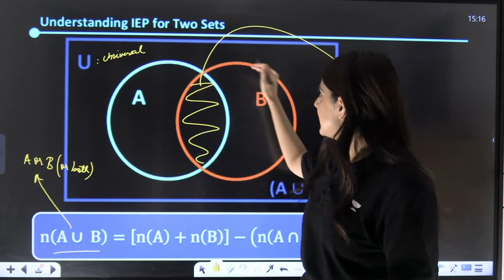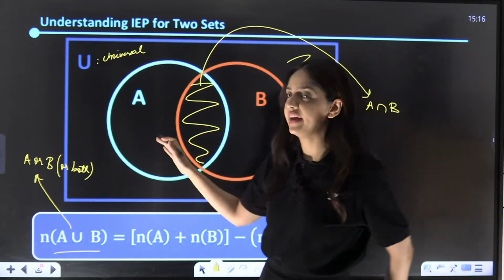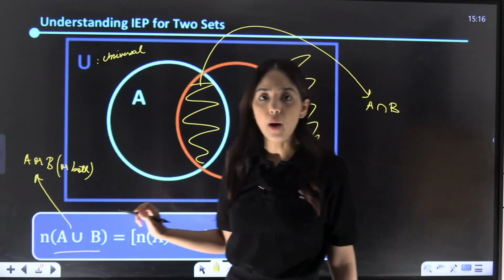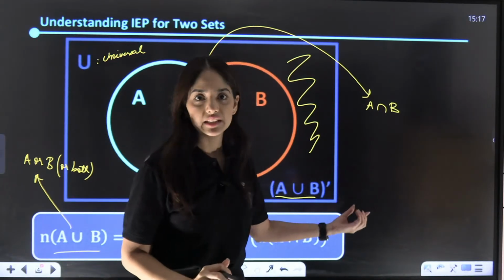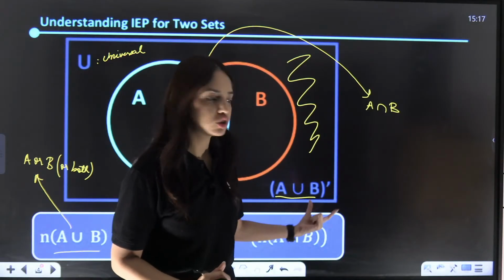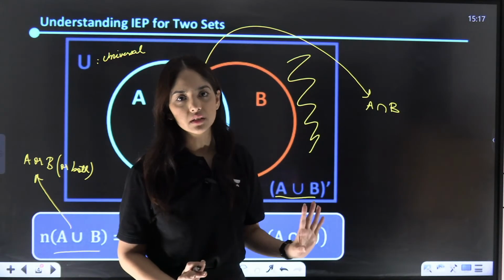So what is this area outside both these circles, which is neither in A nor in B? It is A union B complement. A union B complement means neither in A nor in B. Complement is not in this, so not in A union B, that means it's not in any of these circles.